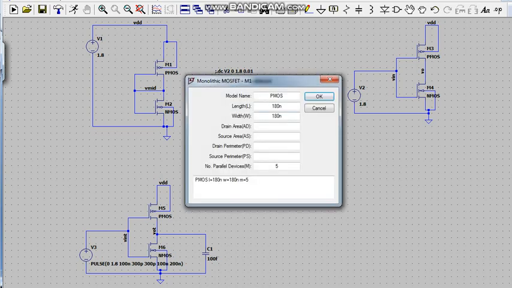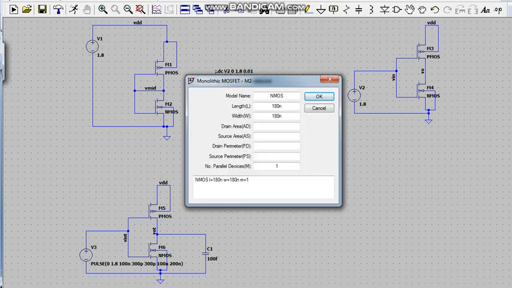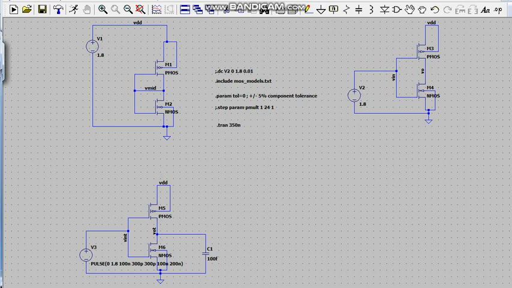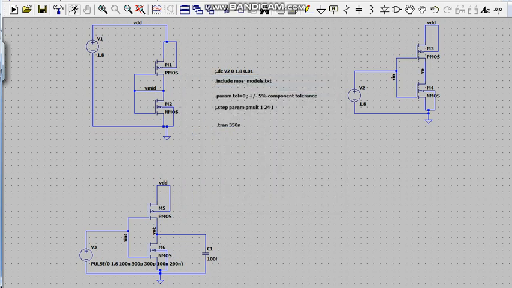Similarly for PMOS I am taking minimum length and width but multiplier 5, and for NMOS multiplier 1. It means PMOS width is 5 times that of NMOS. So this is the DC simulation. In this simulation I am taking the same sizes. Now let's simulate.